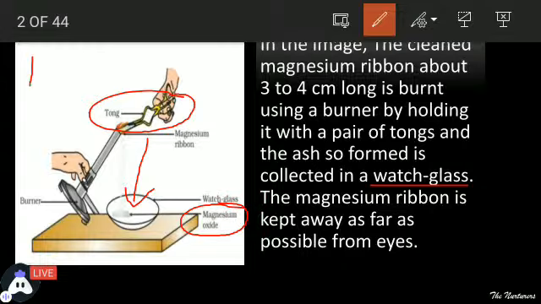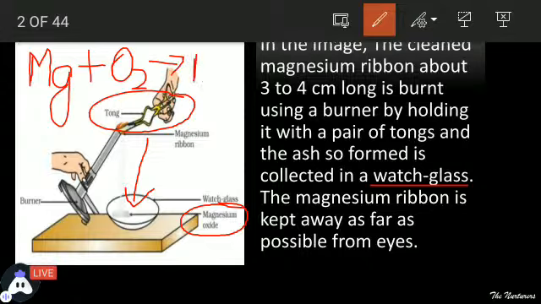So what is the reaction all about? The reaction is that magnesium is getting burned, and when anything is getting burned, it is in the presence of oxygen, and when it is burned in the presence of oxygen, the product is MgO, that is the magnesium oxide. तो ये सिंपल हमारी कंबशन रिएक्शन है, and it can also be the type of combination reaction.